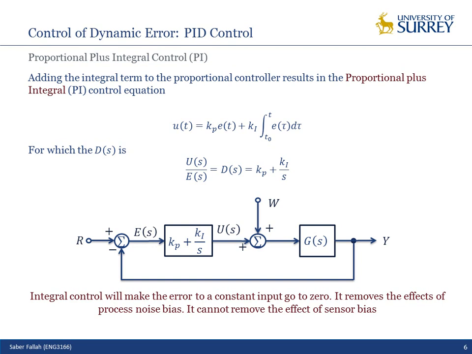Integration means summation. So if I have very small noise in my sensor bias or sensor noise, it starts accumulating the errors and makes another error in the system.